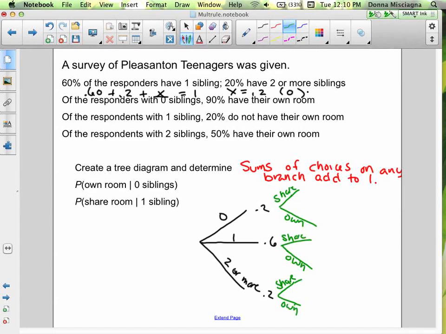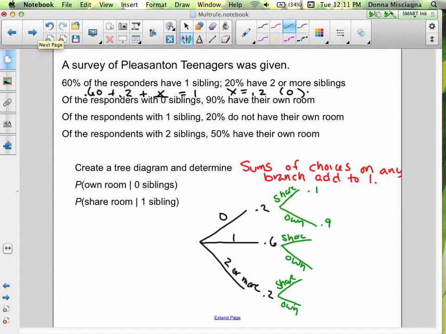So 90% have their own room, that's 0.9. Together these two have to add to 1, so if 90% have their own room, then 10% have to share.